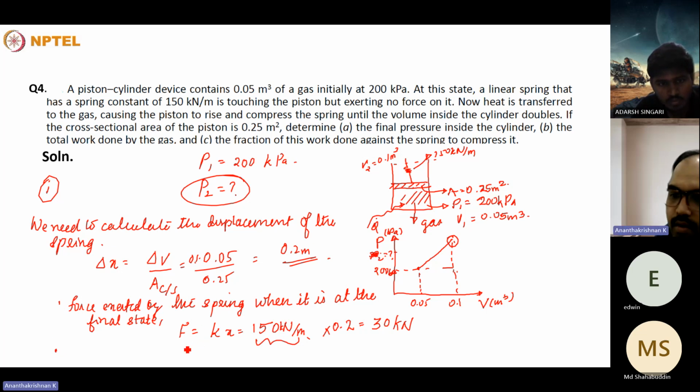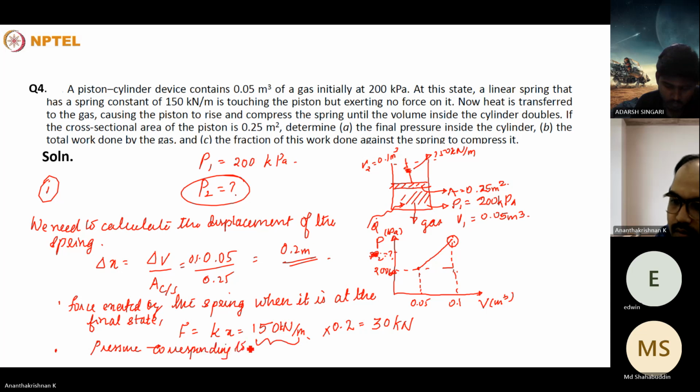And then we can calculate the pressure corresponding to this spring force, which is equal to force divided by cross-sectional area. So that will be 30 kilonewton divided by 0.25 meter square.